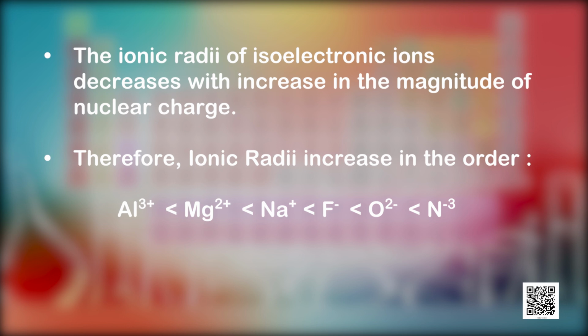An ion with the greater negative charge will have the larger radius. So it is evident that the order of size in the series taken earlier is nitride ions greater than oxide ions, greater than fluoride ions, greater than sodium ions, which is greater than magnesium and aluminium ions.